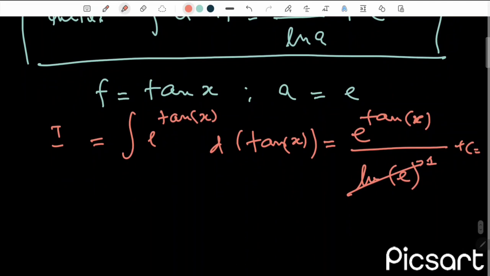Then our solution is equal to e to the power tan of x plus c.